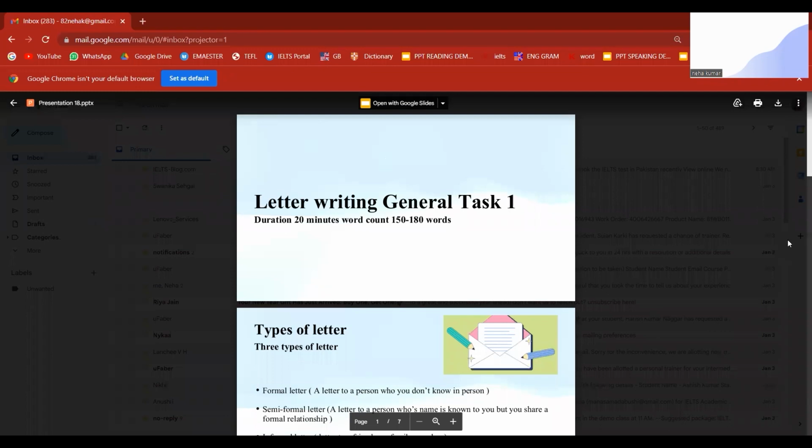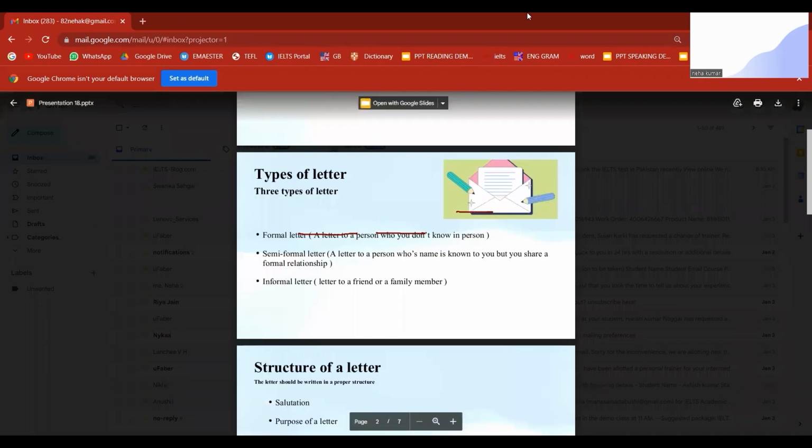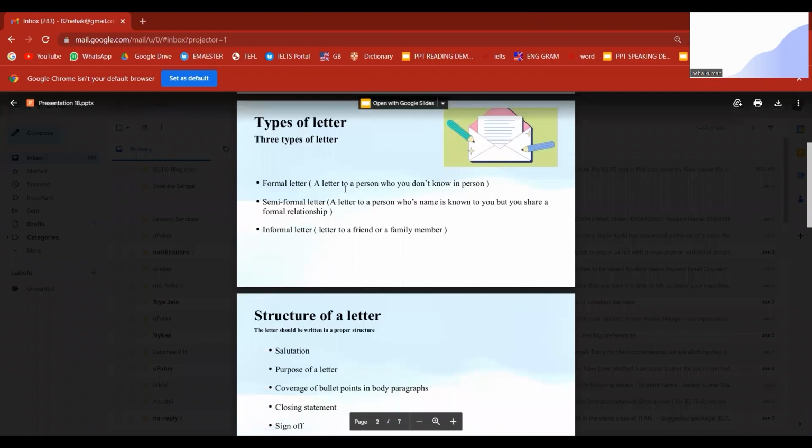Letter writing. As we know, letter writing is Task 1. General Task 1 is our letter writing. It is a 20 minutes task and the word count is 150 to 180 words. The types of letter that we get in our IELTS exams are of 3 types. The very first is your formal letter.